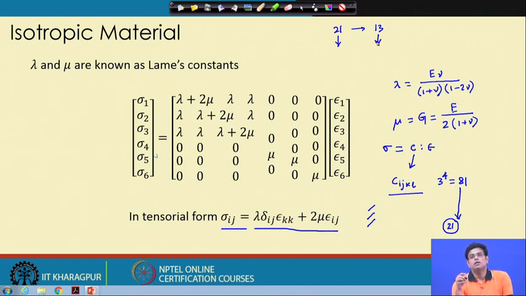Then, instead of one symmetric plane, if we assume 3 mutually perpendicular symmetric planes, we got the constitutive matrix for an orthotropic material, which has 9 independent constants.